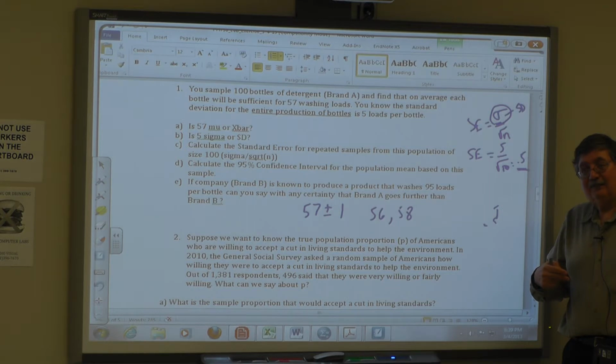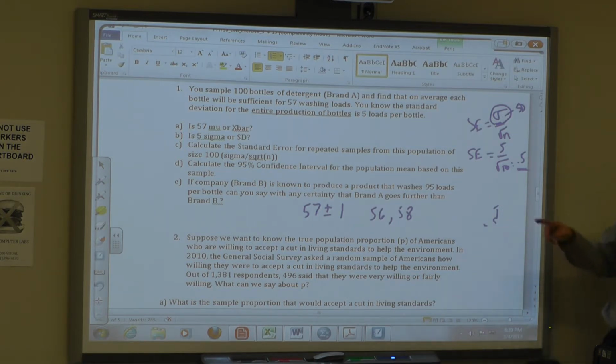Okay, comfortable? Yes. First thing I did was, we took a sample of size 100, and we got an average of 57. I want to know what kind of confidence I can have in that number, that average 57, in relation to the true population mean of every bottle of that detergent. So I need to get a handle on what the variability is for repeated samples of size 100.